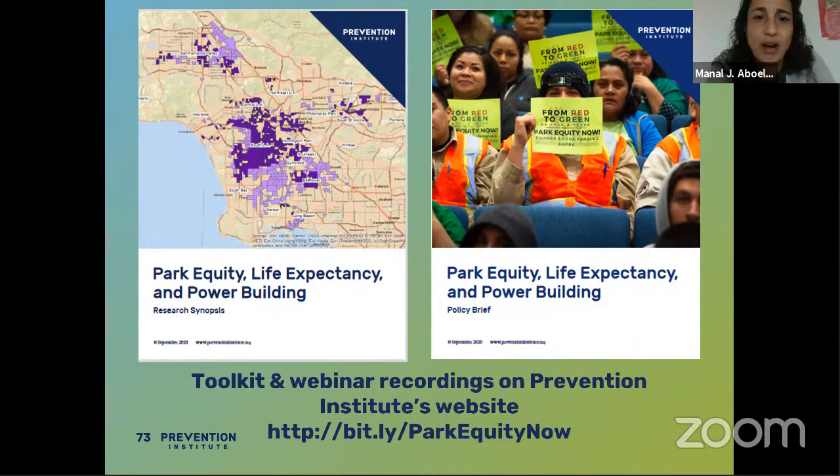And our charge, and that we are going to take seriously, is the kind of work that was showcased here today: systems and policy level work to reverse the structures, systems, policies that produce park inequities in the first place, so that many, many more people across this country can have access to safe, accessible, health-promoting parks that have all the multi-benefits that Norma talked about. So we hope to continue this momentum with all of you on the call because this is a national effort that we all need to engage in together.